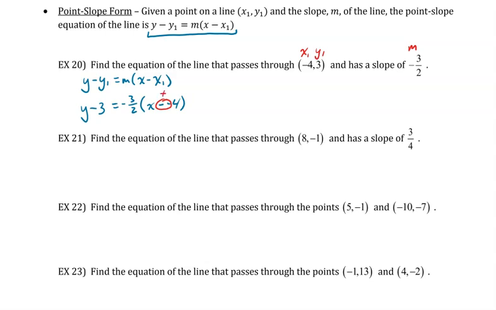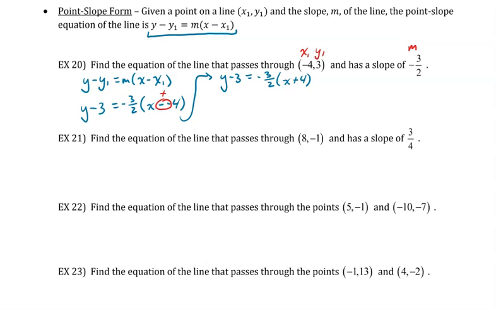Remember, minus a negative really just means plus. So I'm going to do y minus 3 equals -3/2 times x plus 4. All right, this right here is the point slope form of this line.